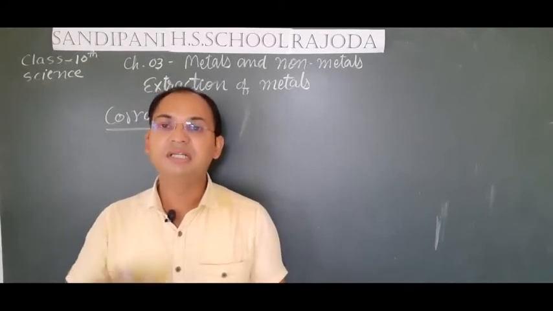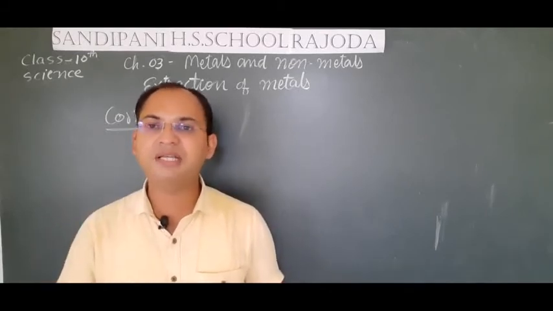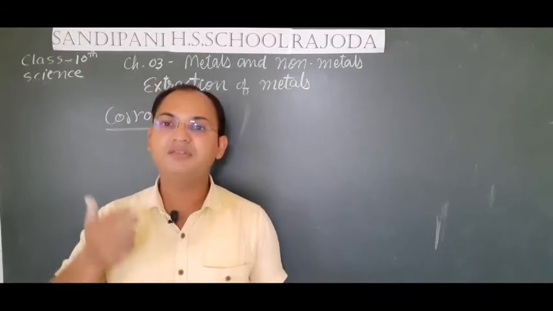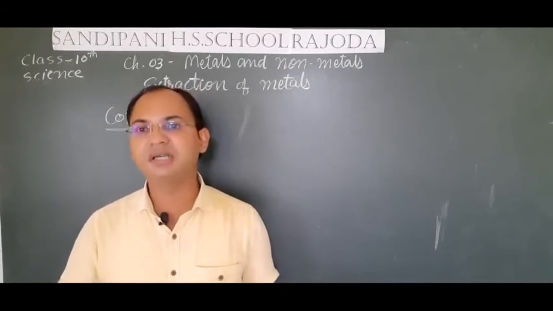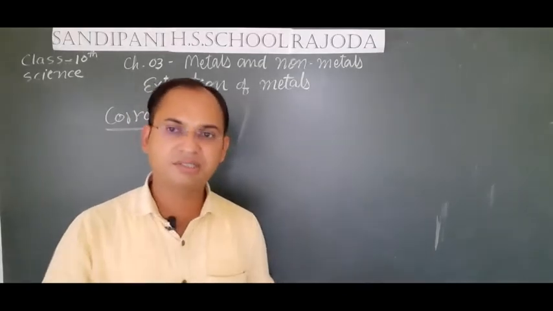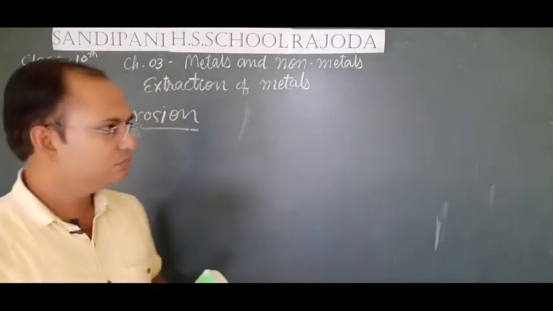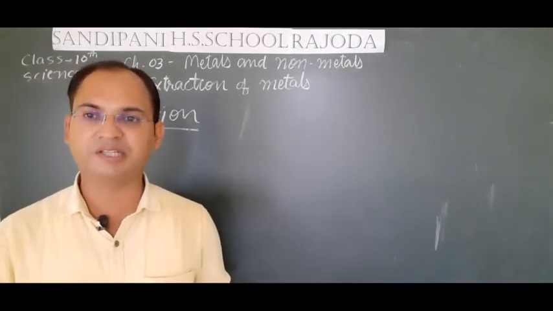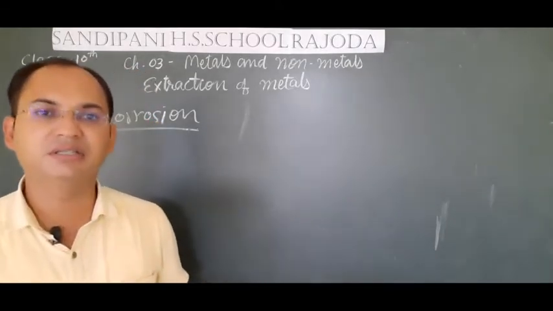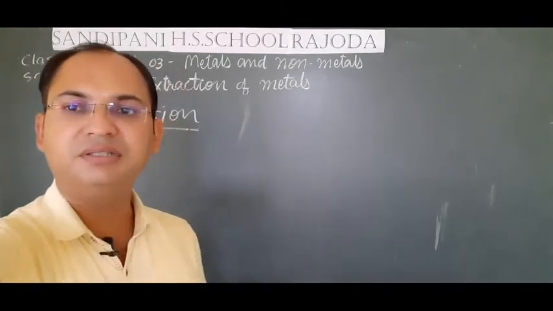So students, let's understand with the help of an example what the necessary conditions are in order for iron to rust. In order to understand the rusting of iron, we perform an experiment. Let's see the diagram of the experiment.